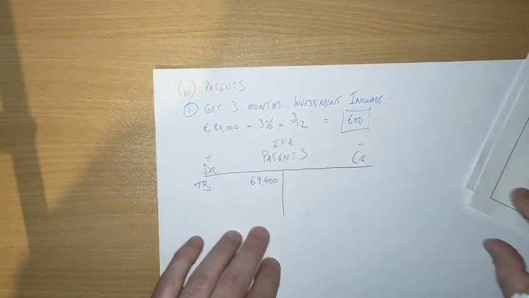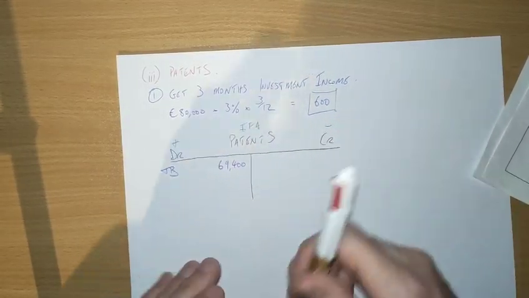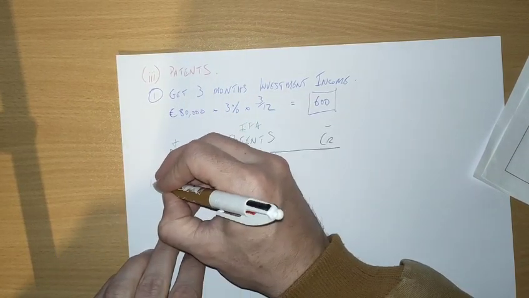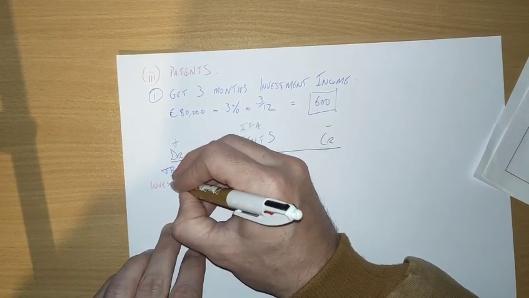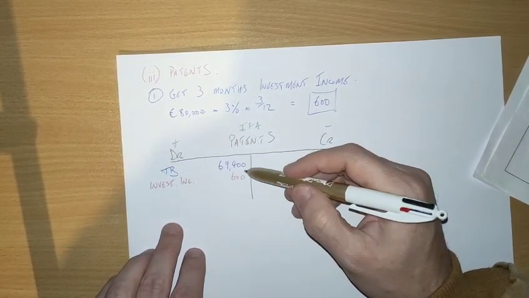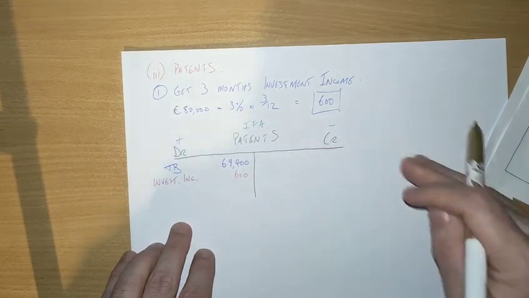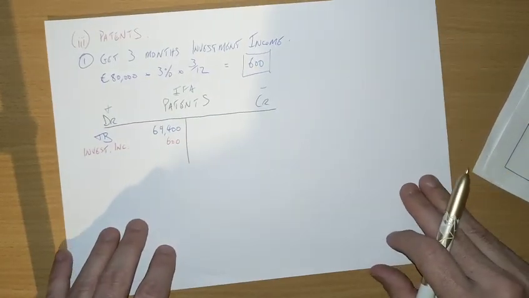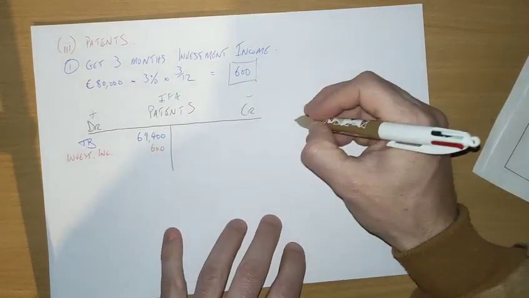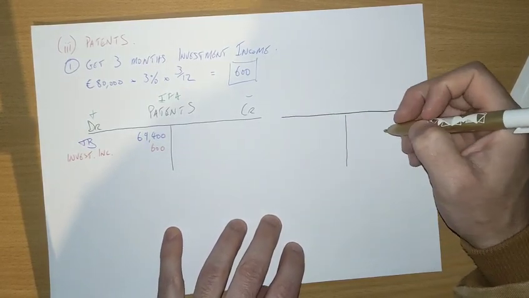This 3 months investment income has to be included in the patents, so you will debit the patents account 600 euro. There you go, you've included it in your patents. Now, to complete your double entry, right beside it you can draw up an investment income account.